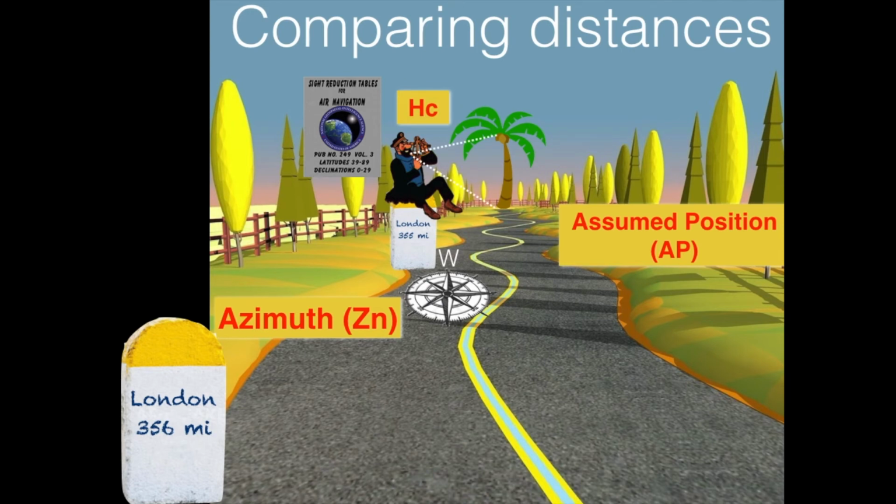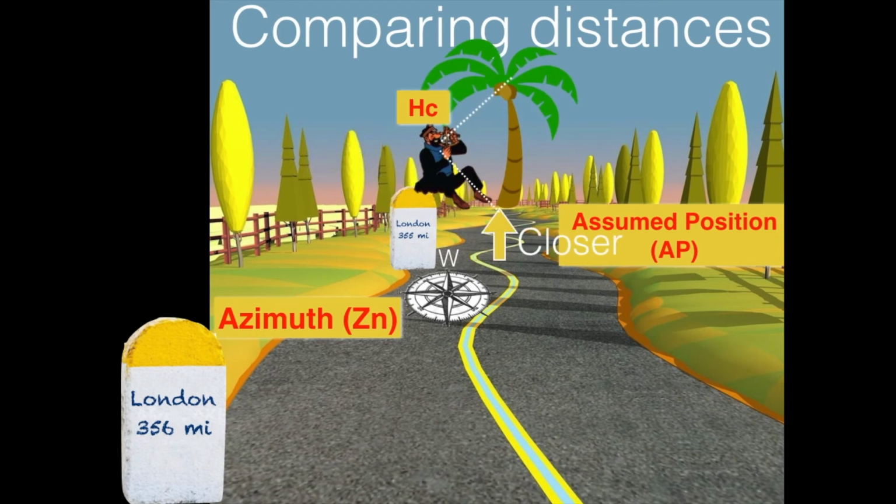So if you sit on this milestone, you should see the coconut up there at a certain height, and the direction to the palm tree is approximately west. That's the azimuth. And this is the assumed position. So the vocabulary is that the assumed position is the position in which you can read off the height on the sextant, HC, and the azimuth out of the sight reduction table.